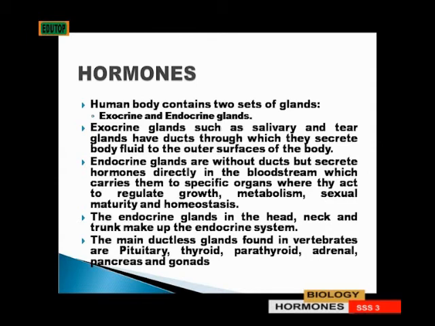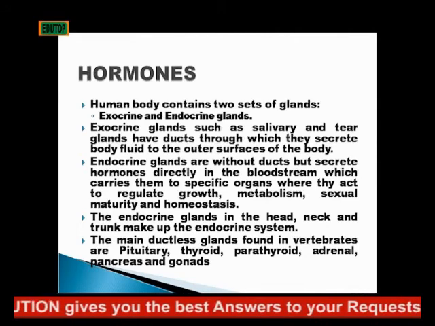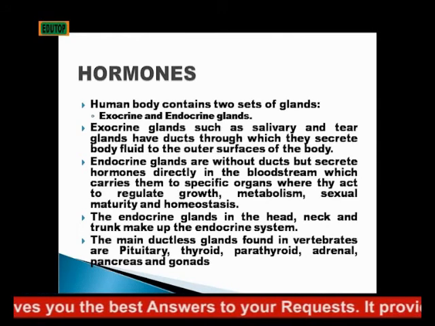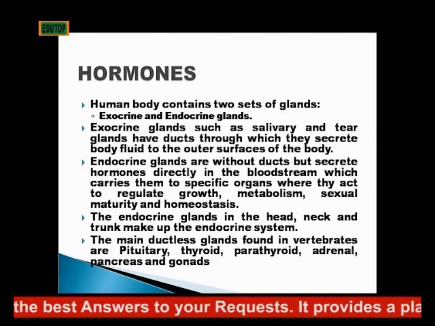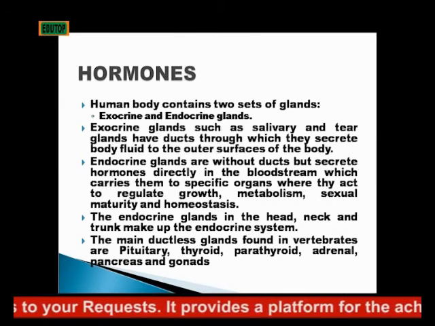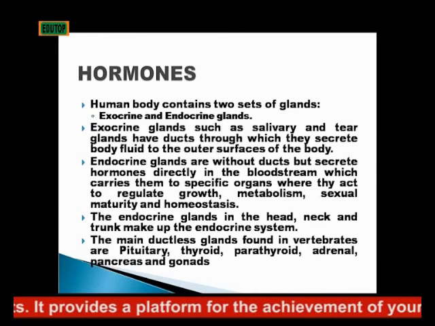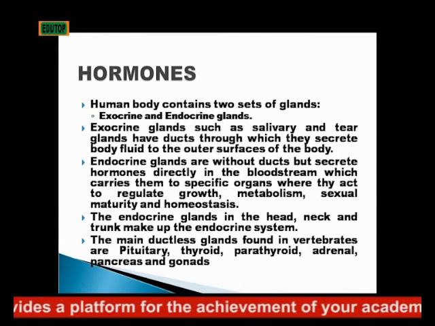Okay, the endocrine glands now, I said they secrete hormones directly into the bloodstream. So they are carried from where they are produced to where they need to act in growth and the various metabolism. The endocrine glands in the head, the neck, and the trunk make up the endocrine system.